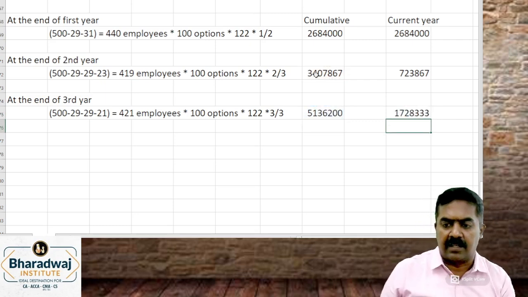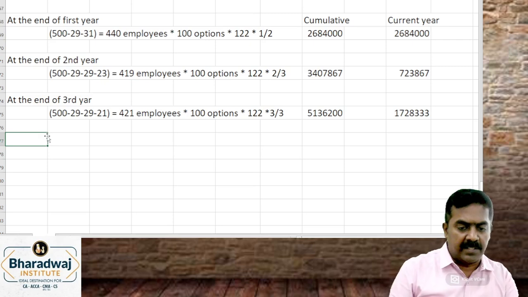Is it equity settled or cash settled? Equity settled. So what is the entry you will pass?